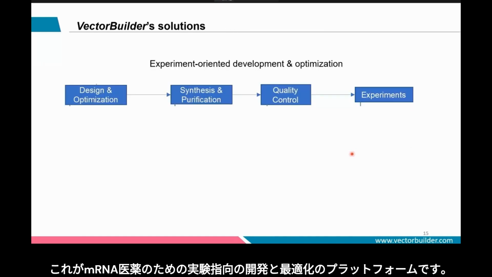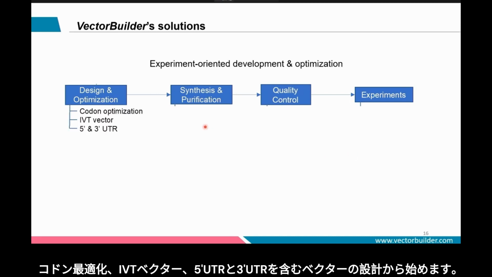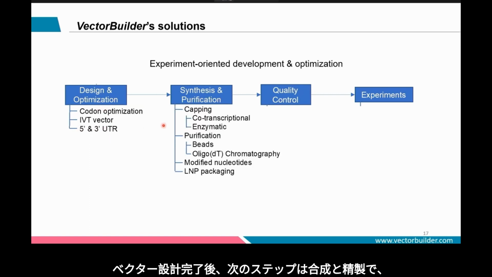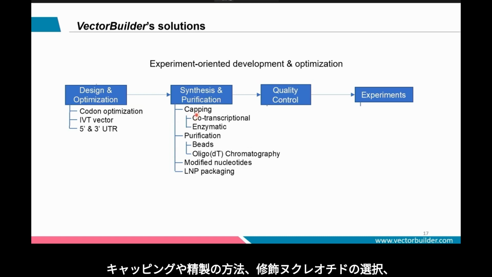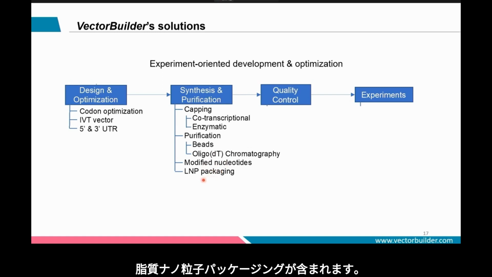So we believe this is a platform for experiment-oriented development and optimization of mRNA drugs. You start by designing your vector, which includes codon optimization, the IVT vector, and the choice of 5' and 3' UTRs. After that is ready, the next step is synthesis and purification, including capping method, purification method, the choice of modified nucleoside, and lipid nanoparticle packaging.